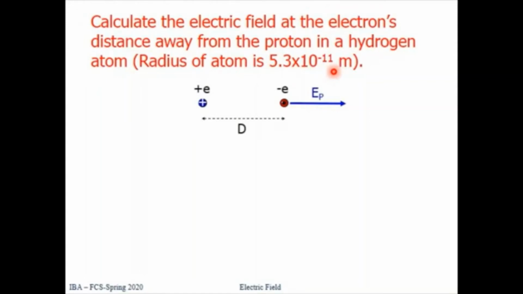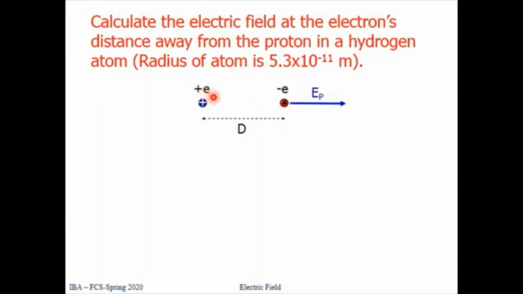given an idea about the structure of an atom: the atom consists of a central core, the nucleus, and the electronic cloud around it, which is called the electron. So if you look here, this is the simplest and smallest atom, which has only one proton and only one electron.